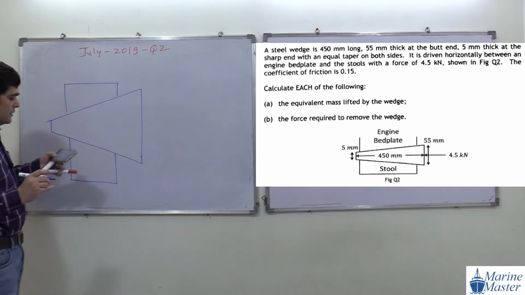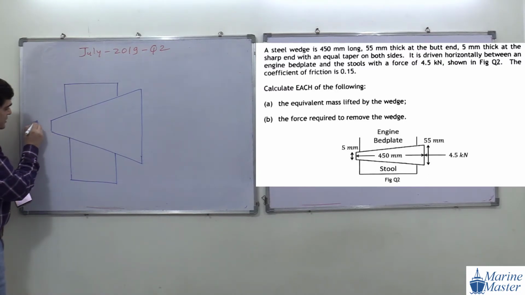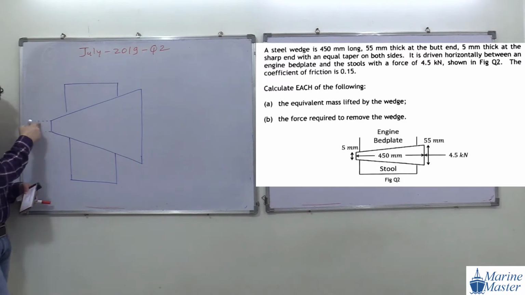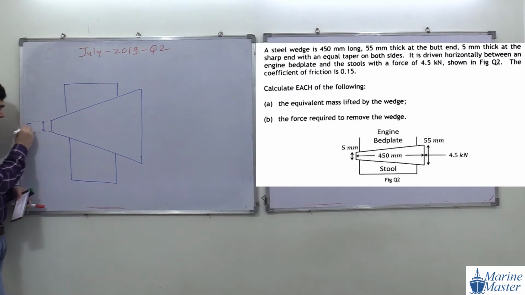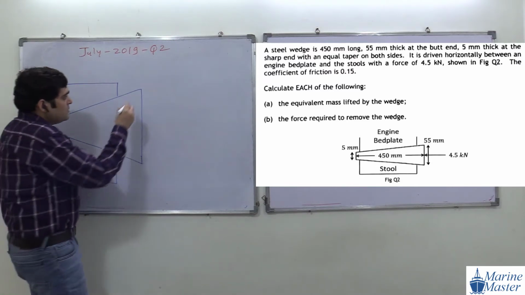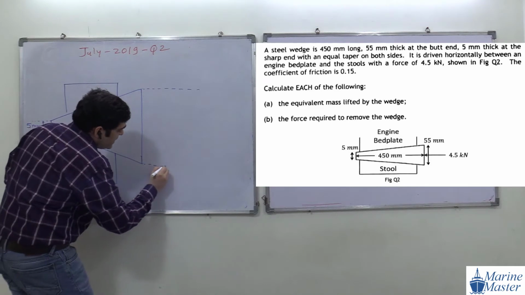See the point here. How much are these dimensions they have given us? This dimension is 5 mm. This is the sharp end. Then what about this one? This is the butt end.